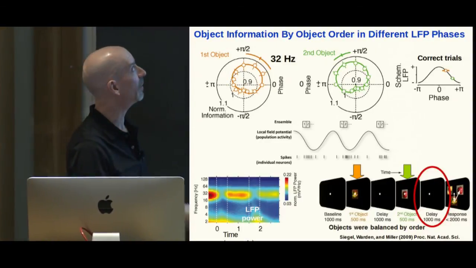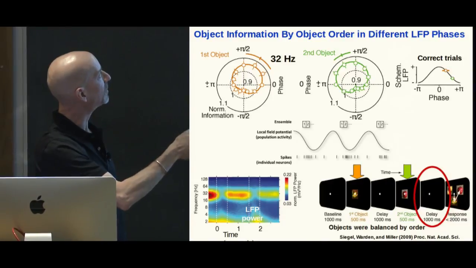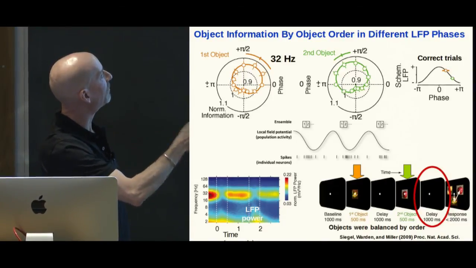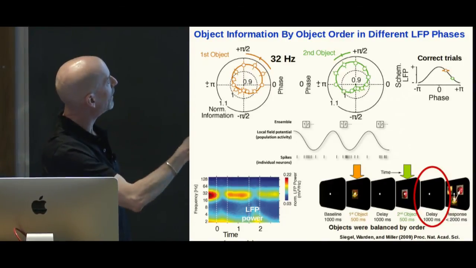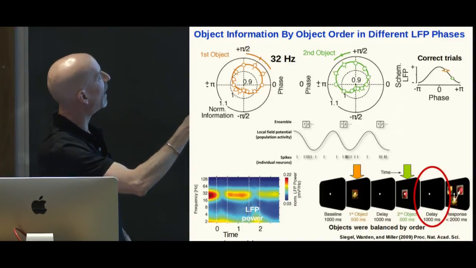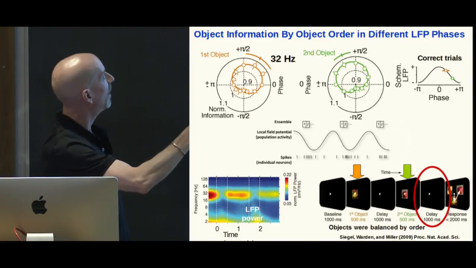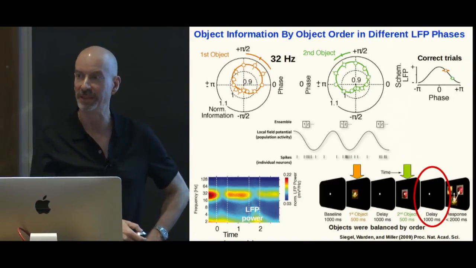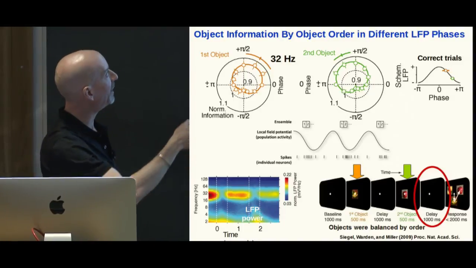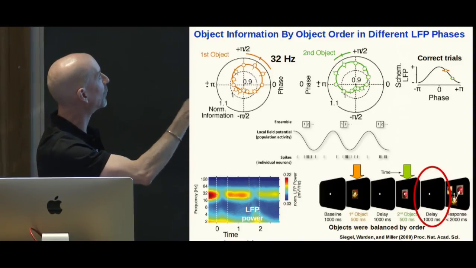This is what we found at around 30, 32 hertz. This is, again, a polar plot, with the depolarizing phase of the oscillation and the repolarizing phase of the oscillation here. The dotted line shows the average information across all phases of the oscillatory cycle. The color line shows the actual information. So what you see is there's a gain of information during the depolarizing phase of the oscillation for this first object.